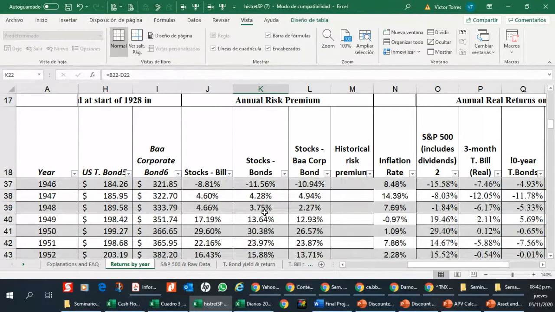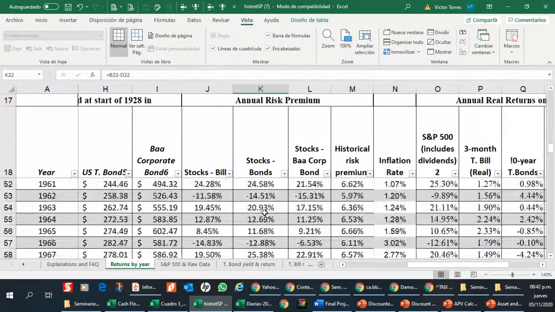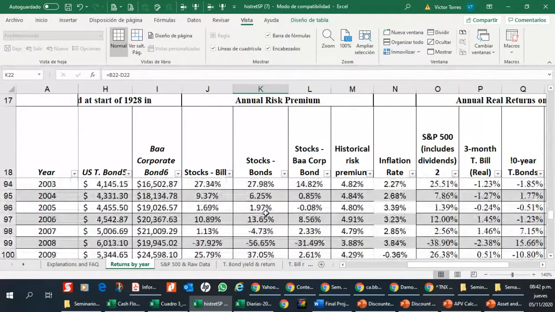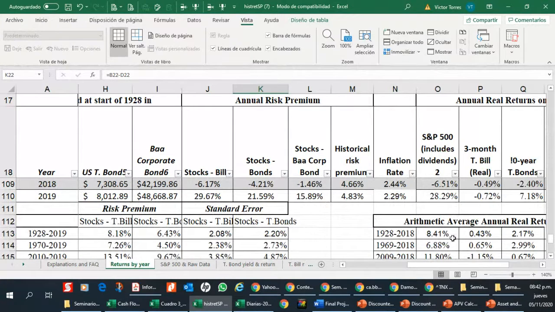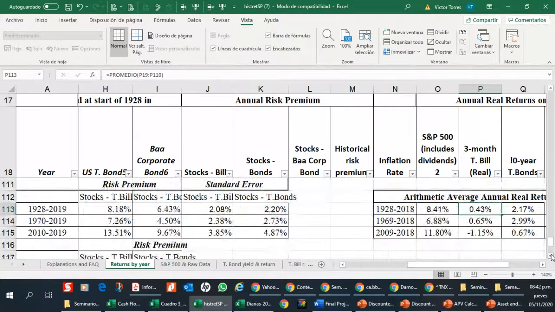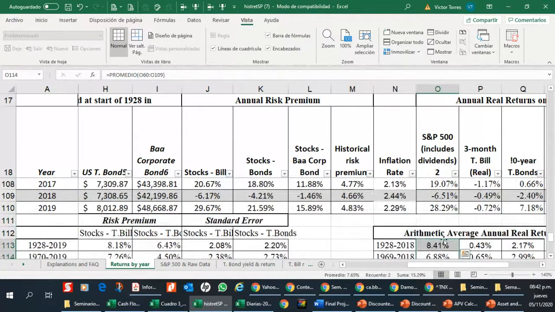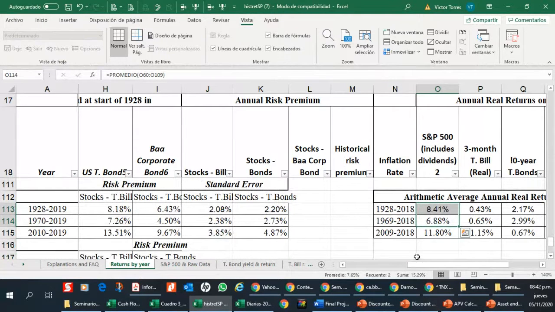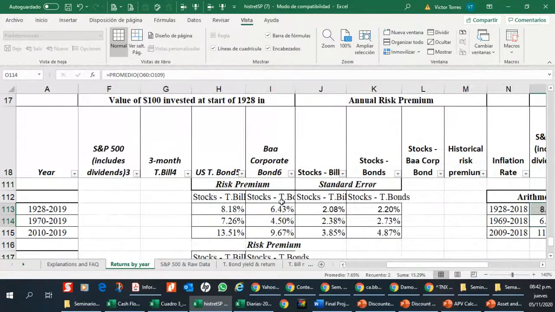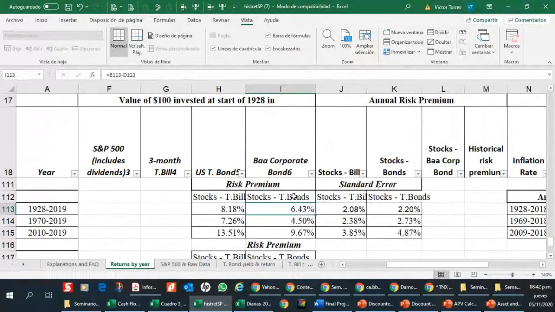But in most cases, when you go along with the average, I'm going to use the arithmetic average that appears here. Give me 1 second. It's shown here, the difference between stocks and bonds, and that number is usually 6.43. I'm using the information between 1928 and 2019.